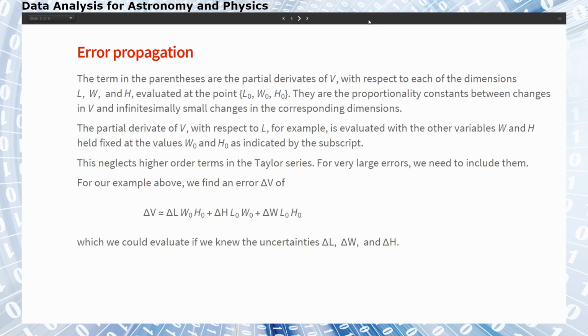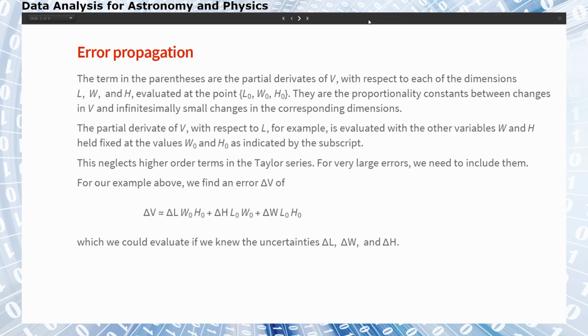So these are the partial derivatives of the volume with respect to each of the dimensions evaluated at the point L0, W0, H0. They are, so to speak, the proportionality constants between changes in the volume and infinitesimally small changes in the corresponding dimensions.